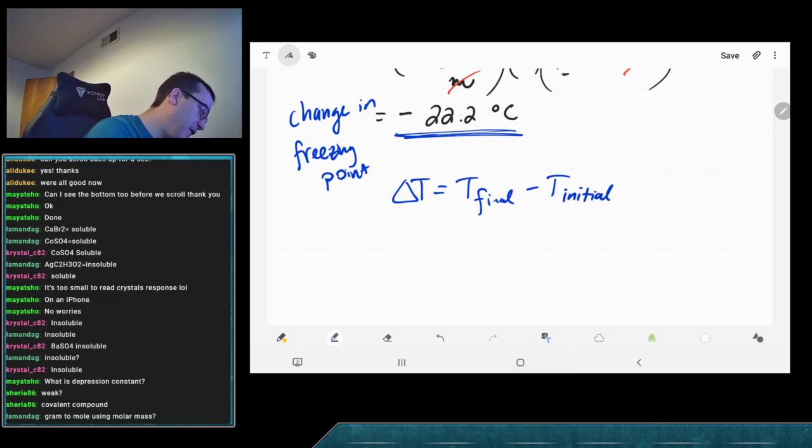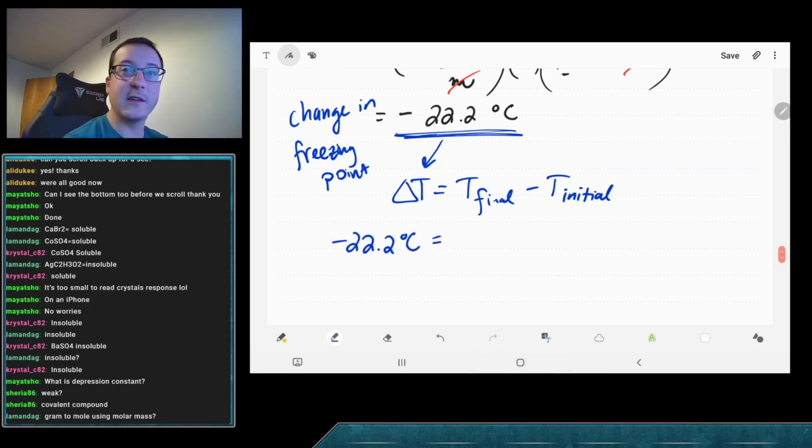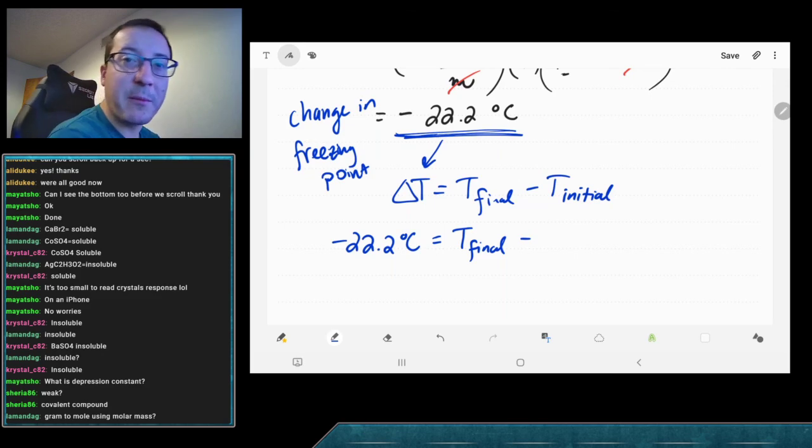So technically we found delta T. So we saw that this was negative 22.2 degrees Celsius. What's the regular freezing point of water again? Someone remind me.